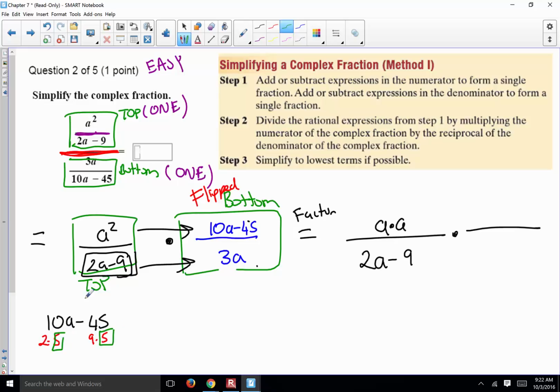So you can factor 5 out, and 2a minus 9 is left. So 5 out, 2a minus 9 stays. And we have 3, which is not factorable, and a, you can't factor it either. Okay?